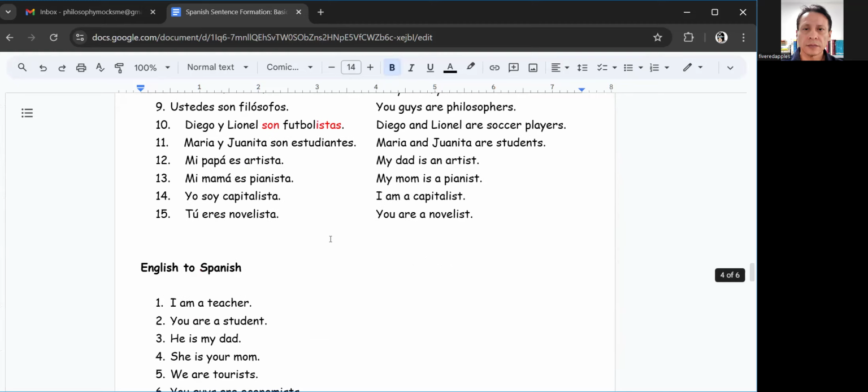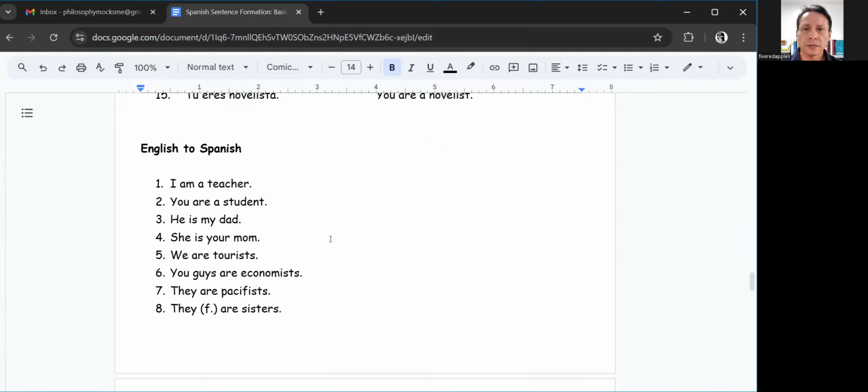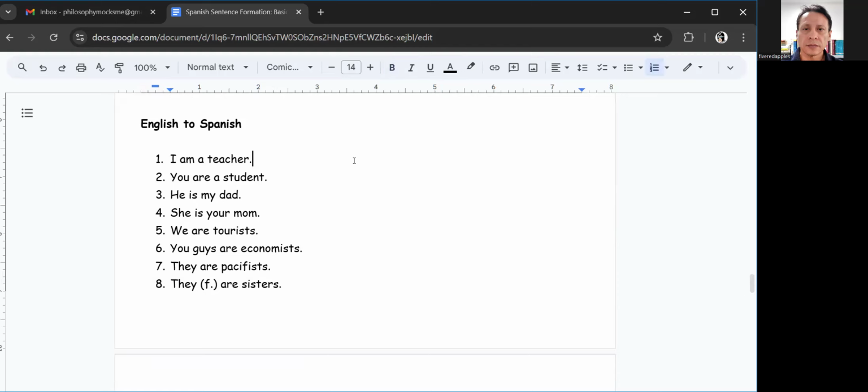Okay. Now, here we go. English to Spanish, I'll give you more time. I am a teacher. You can use the article or you can leave it out. I would practice with the article, but it's still good Spanish if you leave it out.